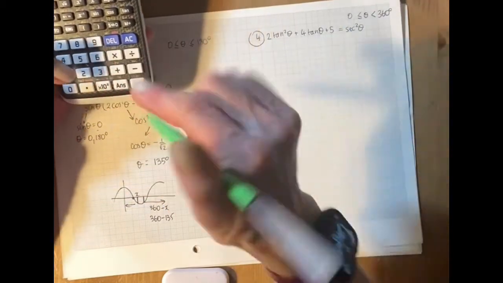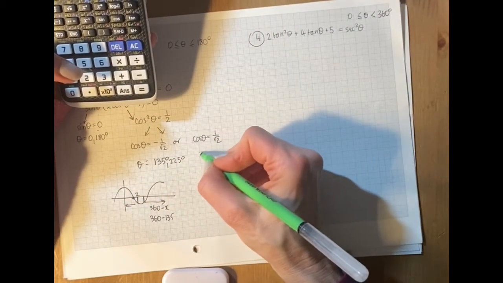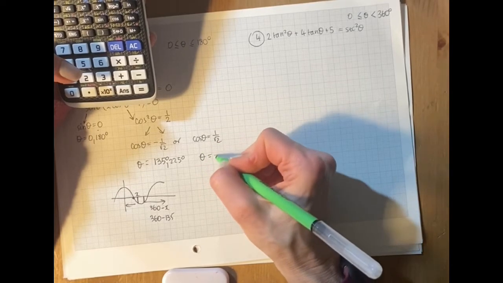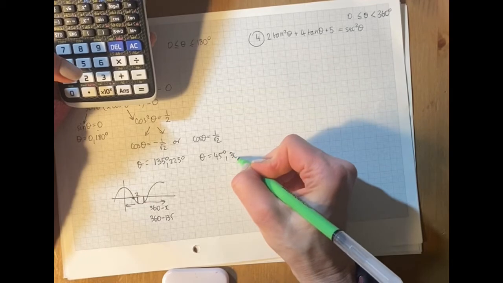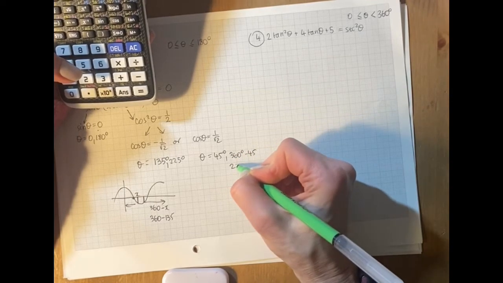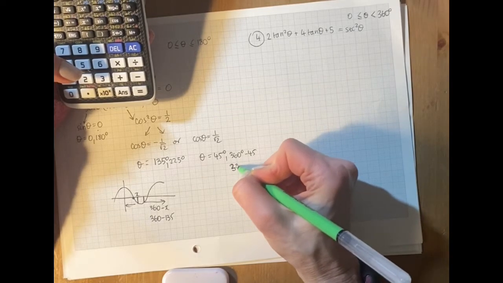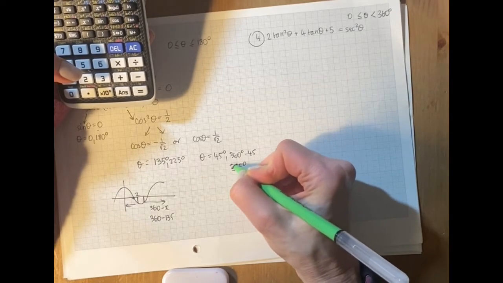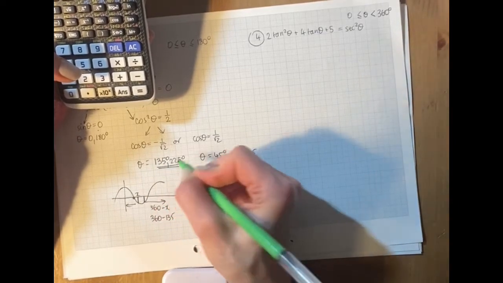There you go, so it's 225. Doing the same for this one, so theta here, that's going to give you 45. And then 360 minus 45, which should give you 315. There you go. Almost put 225. There you go. 4 solutions.